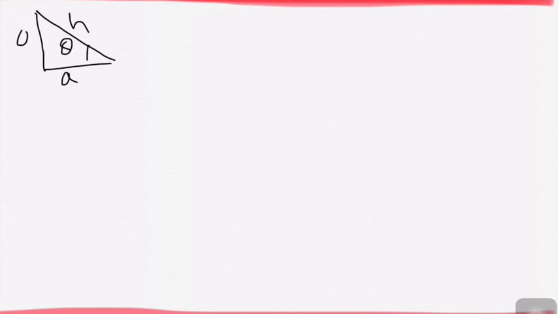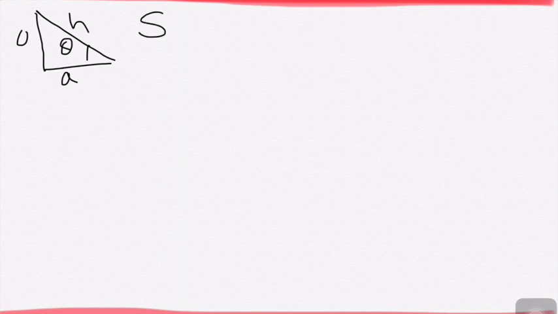So in the last session we have learnt about what is sine theta, what is cos theta, and what is tan theta. So today we'll be learning about the other ratios of the sides for the right triangle.